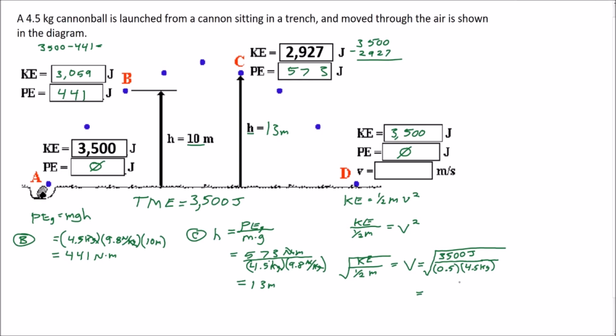When we do, if we put it in our calculator correctly, we find that we get 39.4, and the units end up canceling out to meters per second. So I'm going to write that in here: 39.4 meters per second. That's how you do it. Again, you have your total mechanical energy. Once you figure that out, you just use the different equations to solve for what you need.